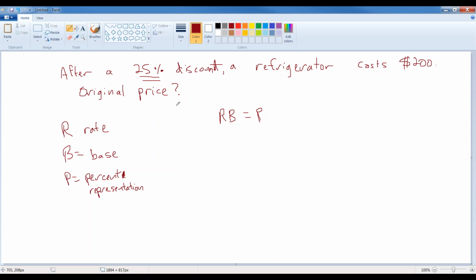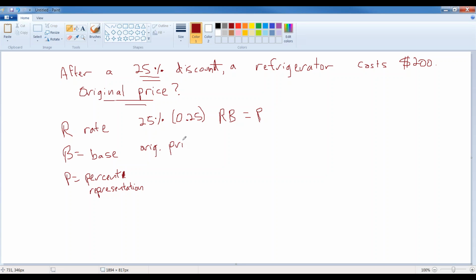So, if I tell you that in this case, what is the rate? The rate is 25%. Which is the same thing as 0.25. That's what percentage means. The base is the whole number, the thing that we are out of, and in this case, we really don't know what it would be. The original price.